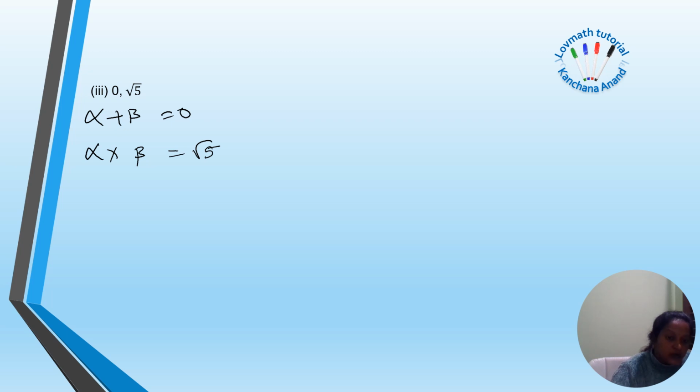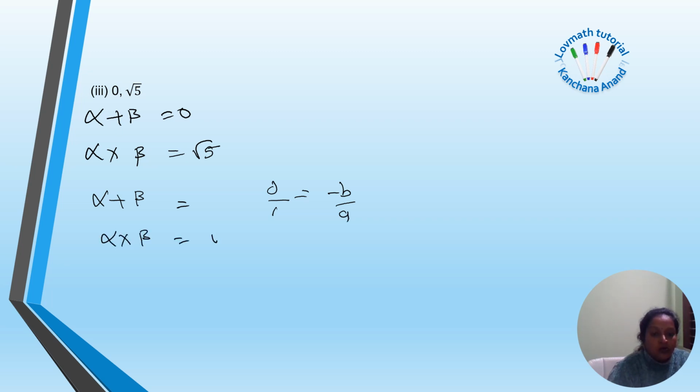Let us assume that alpha plus beta is equal to 0 divided by 1, which is equal to minus b divided by a, and alpha into beta is equal to root 5 divided by 1, which is equal to c divided by a.